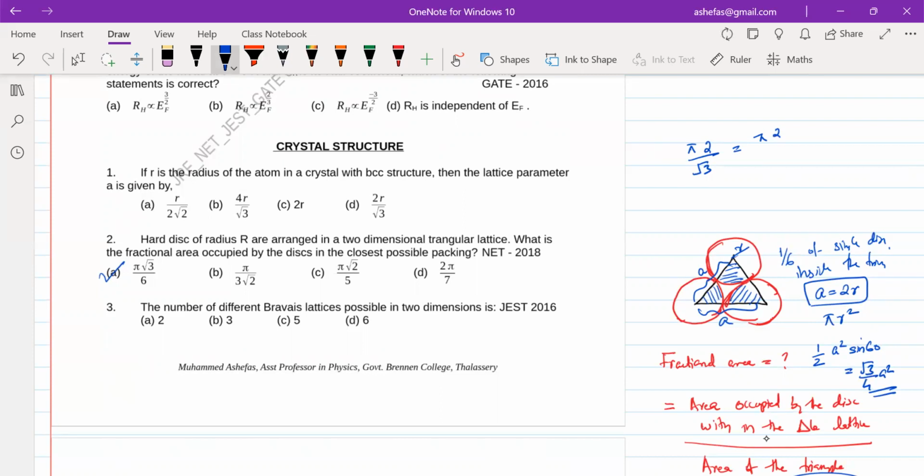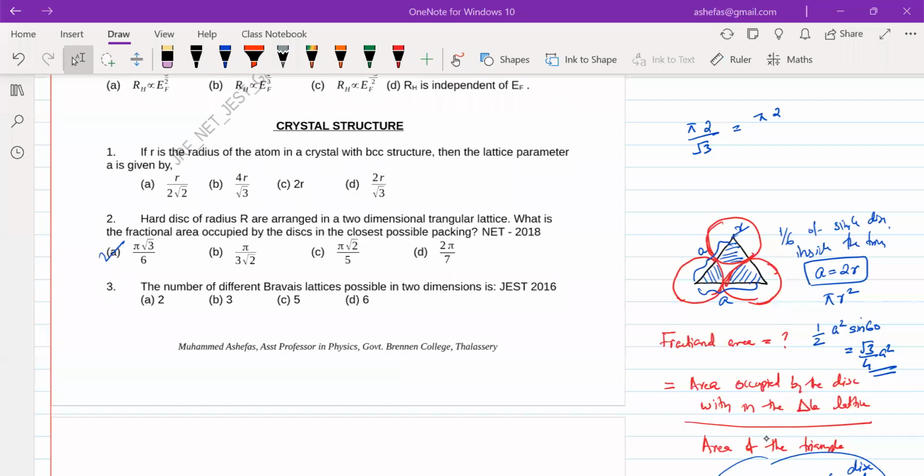No, okay, I made a mistake. It is pi upon 2 root 3. So it would be pi root 3 divided by 2 root 3 times root 3. Root 3 times root 3 would be 3. So we have pi root 3 by 6. The option A is correct. So pi root 3 by 6 is the answer for the fractional area occupied by the disk.